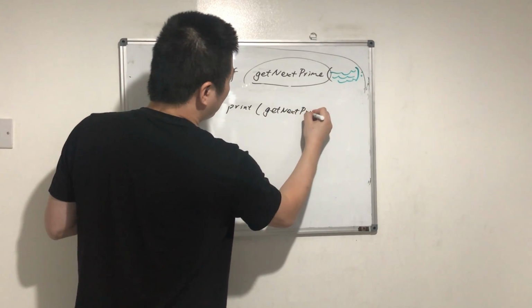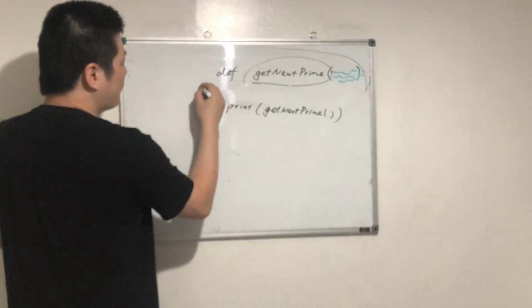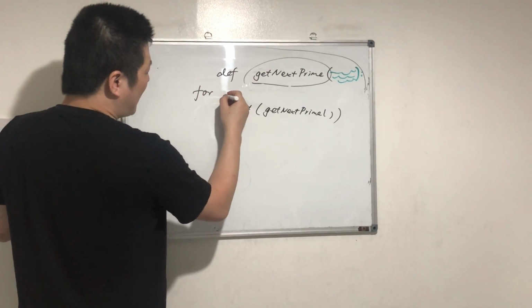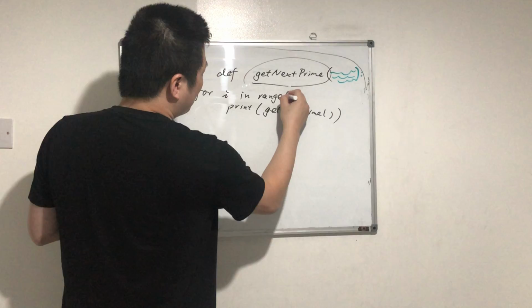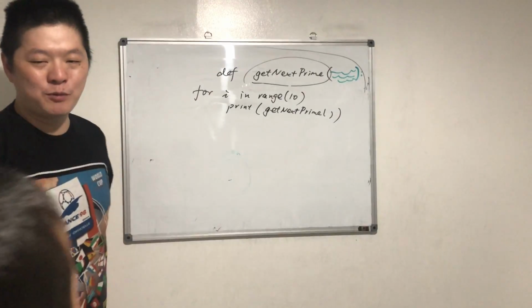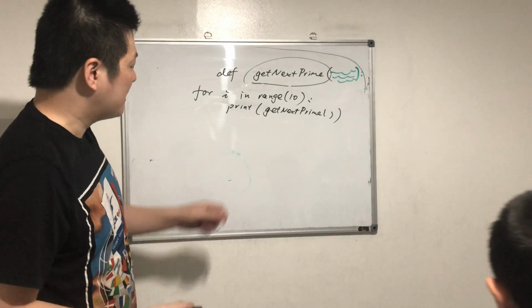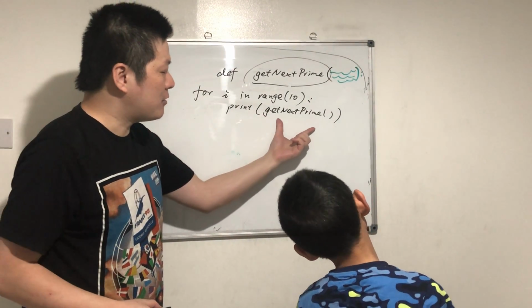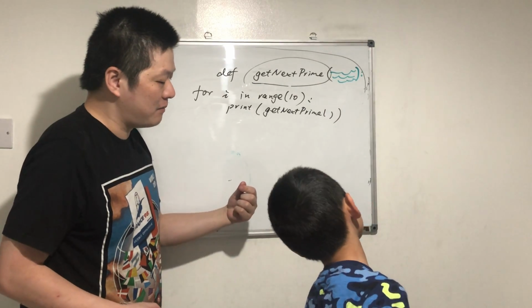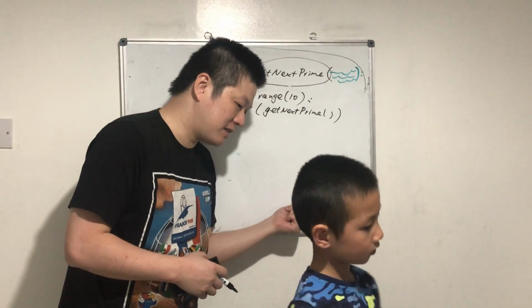And then I will have a loop: for i in range 10, I want to print the first 10 prime numbers, right? You will give me a number every time.